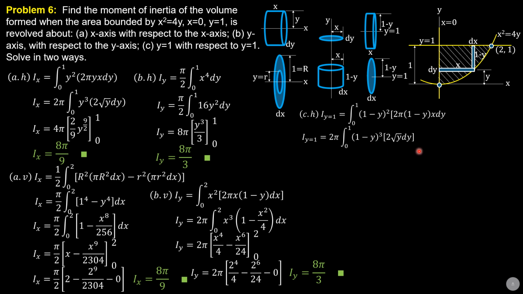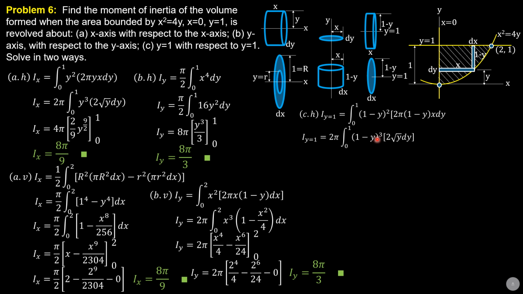So again, we expand 1 minus y cubed, and that is 1 cubed. So that's 4 pi integral 0 to 1. So 1 cubed is still 1 times square root of y, so y to the 1 half, first term. 3 times 1 squared is 3 times negative y, so negative 3y times square root of y, so minus 3y to the 3 halves, second term.